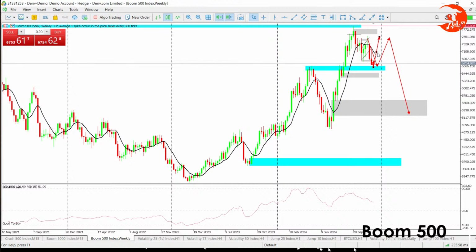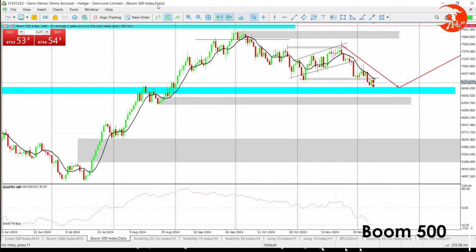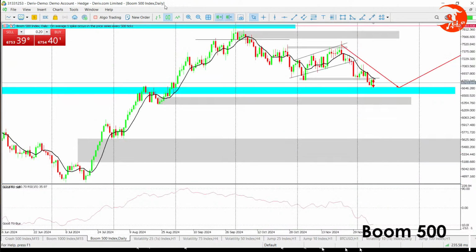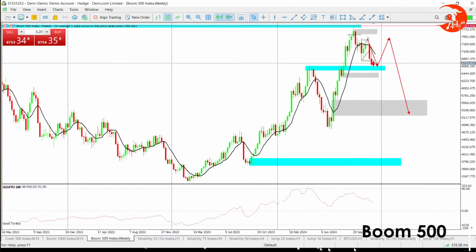So for now, we want to first focus on a small trade like this, before we can engage into a bigger trade that can even take some weeks to get to that level. Those will be swing trades.